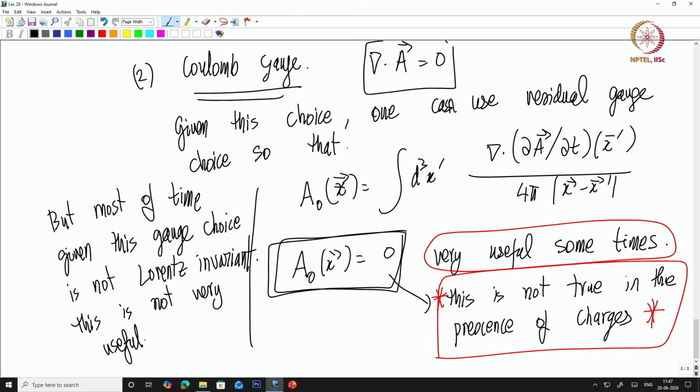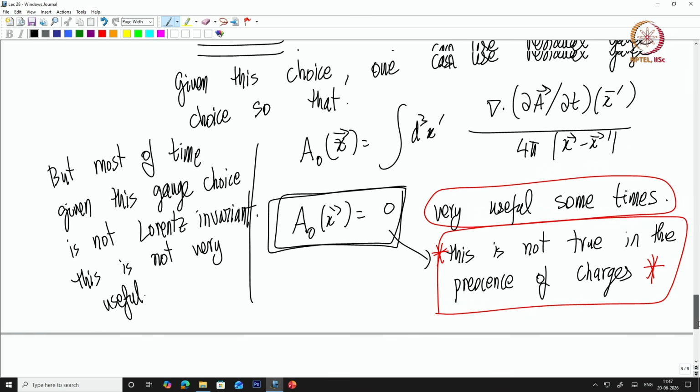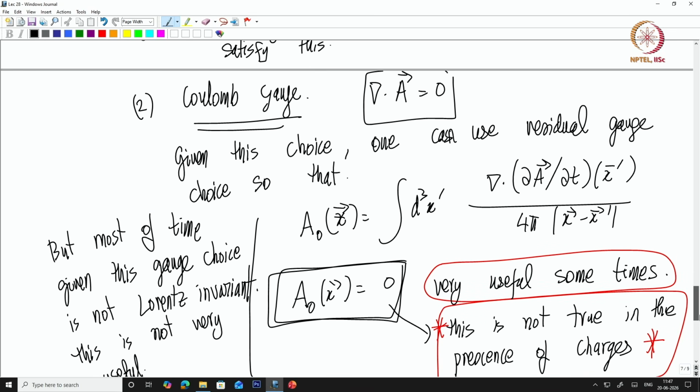Say, for example, because A0 comes out to be 0, you have del dot A equal to 0. The main advantage is that this shows there are only 2 degrees of freedom. Let me write it separately.